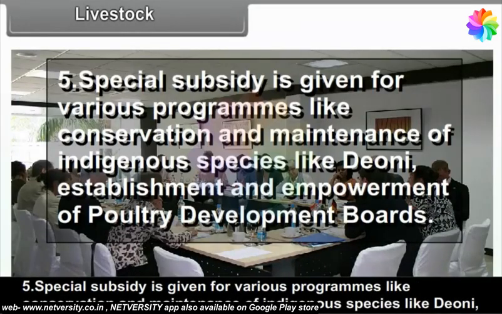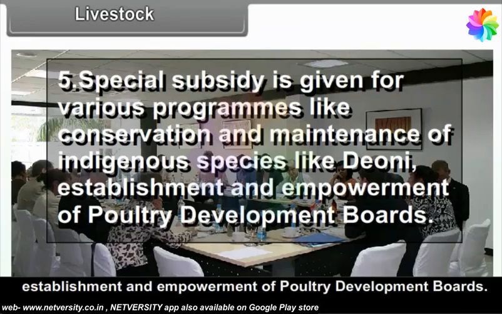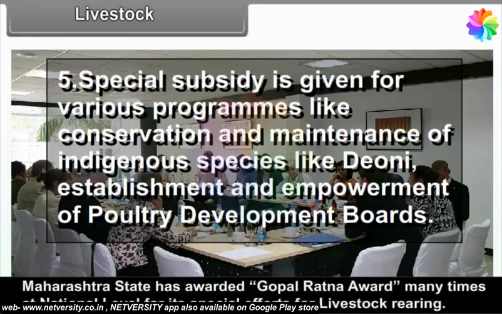Special subsidy is given for various programs like conservation and maintenance of indigenous species like Deoni, establishment and empowerment of poultry development boards. Maharashtra state has been awarded the Gopal Ratna Award many times at national level for its special efforts for livestock rearing.